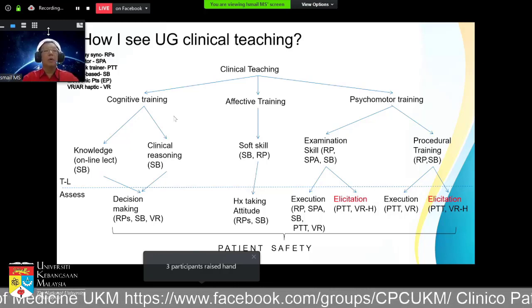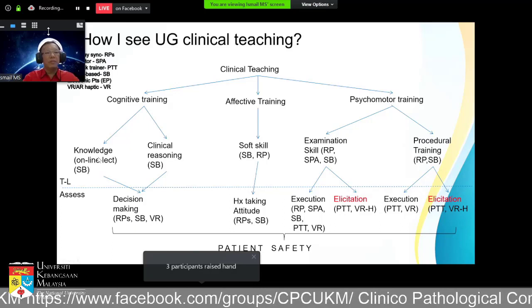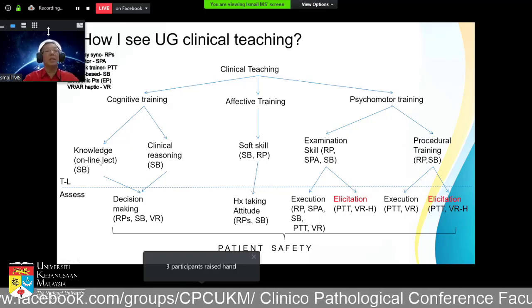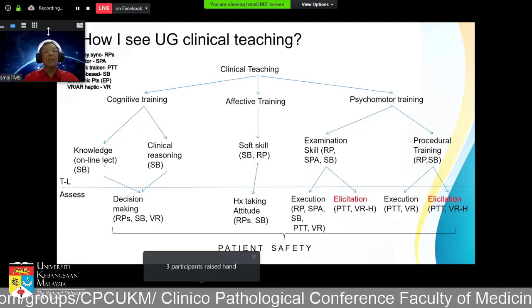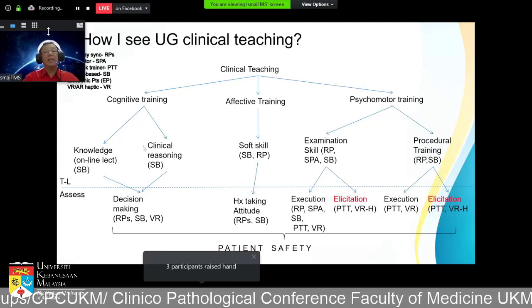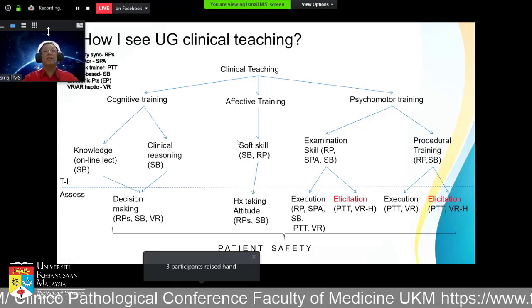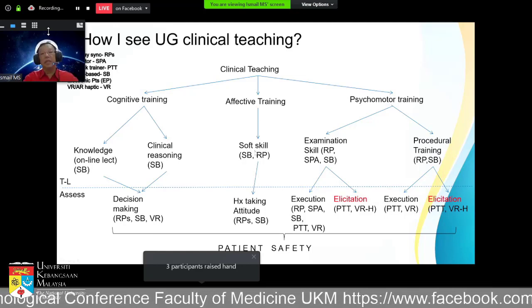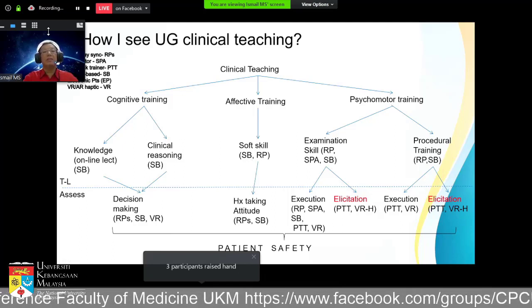For cognitive training, generally we look into knowledge, so giving knowledge, which we can do with an online lecture, whether synchronous or asynchronous or screen based. And the second thing is to teach them about clinical reasoning. For affective training, we want to teach them soft skills. Again, this can be done through screen based or even role play.